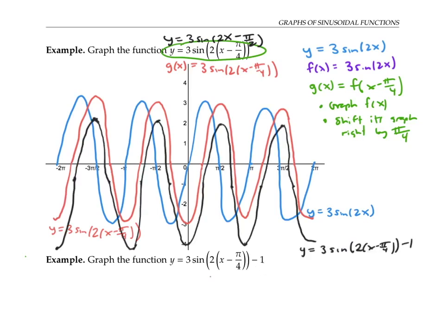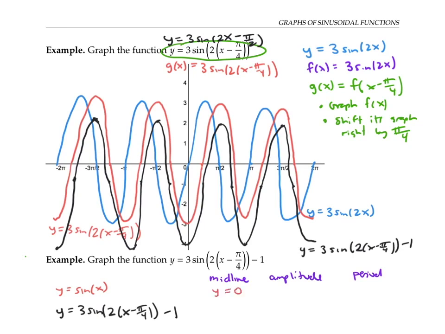Let's take a moment to look at midline, amplitude, and period for the original parent function y = sin(x) and our final transformed function y = 3 sin(2(x - pi/4)) - 1. Our original sine function has midline at y = 0, amplitude of 1, and period of 2 pi.